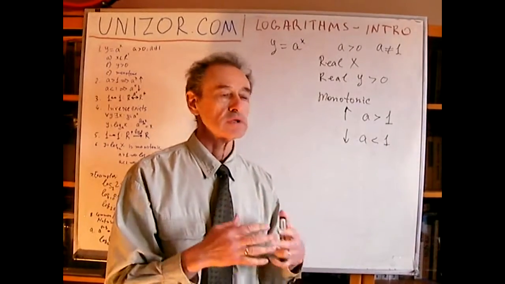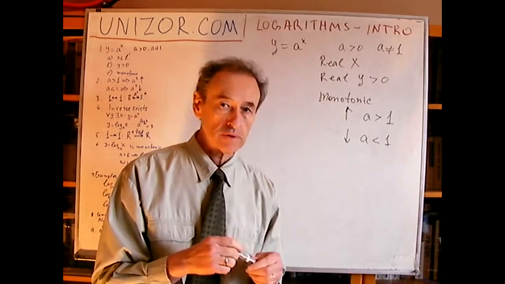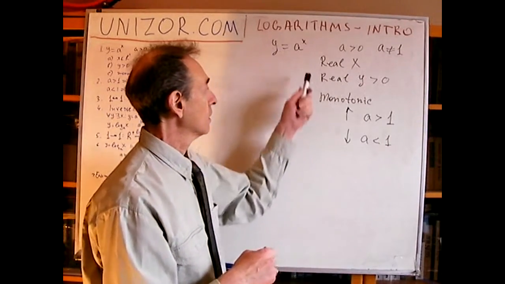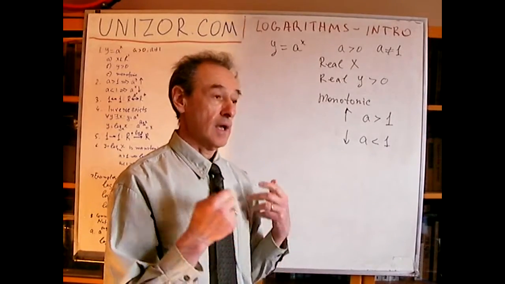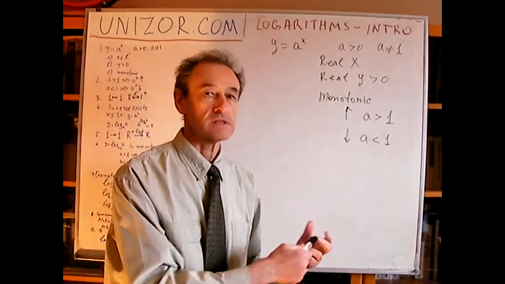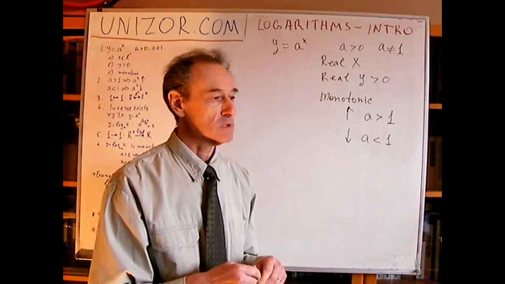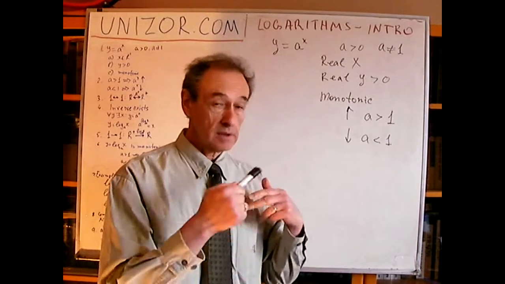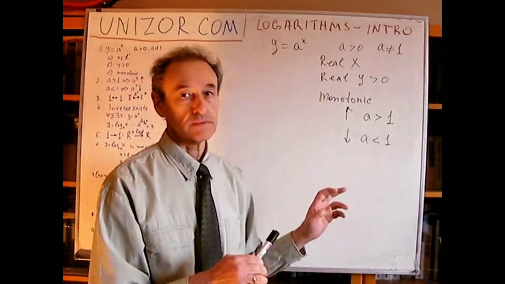You know that a monotonic function establishes the one-to-one correspondence between domain and range. And in particular, it follows from this monotonicity and the one-to-one correspondence that there is an inverse function. So there is always an inverse function in this case.